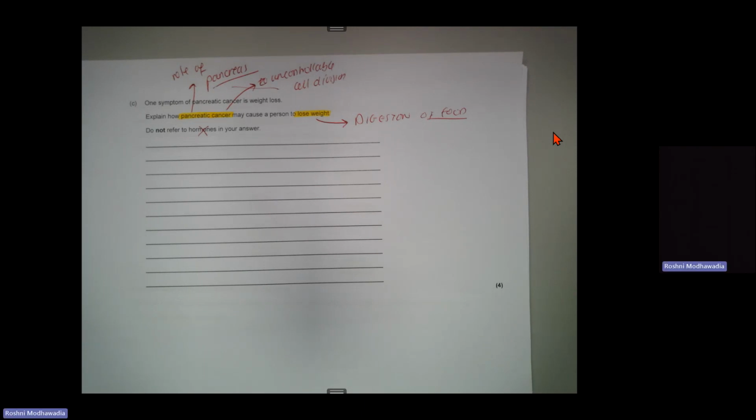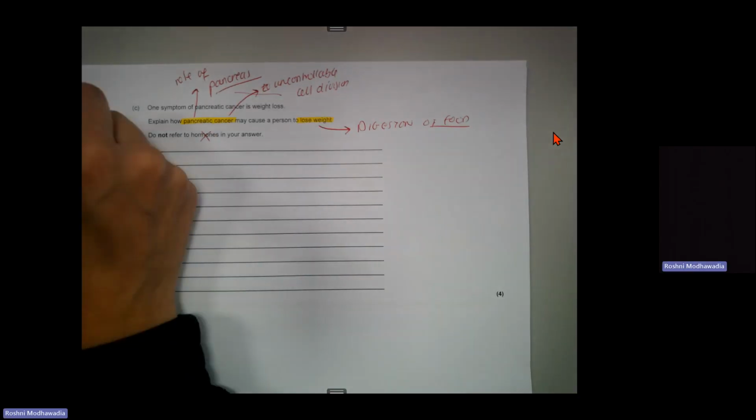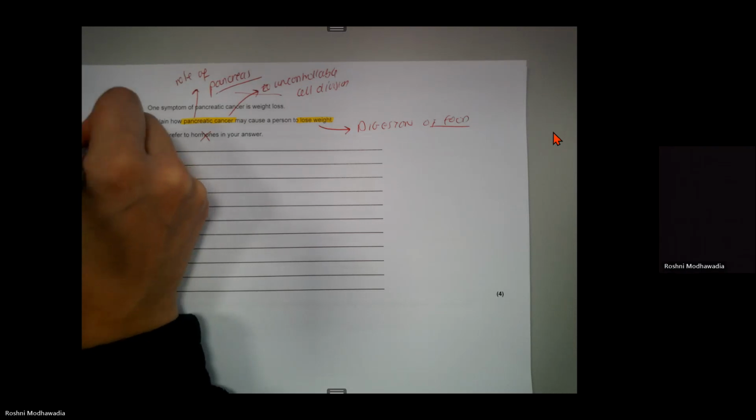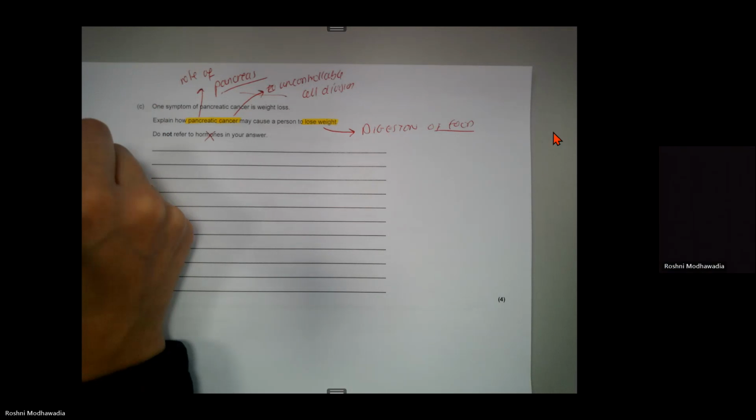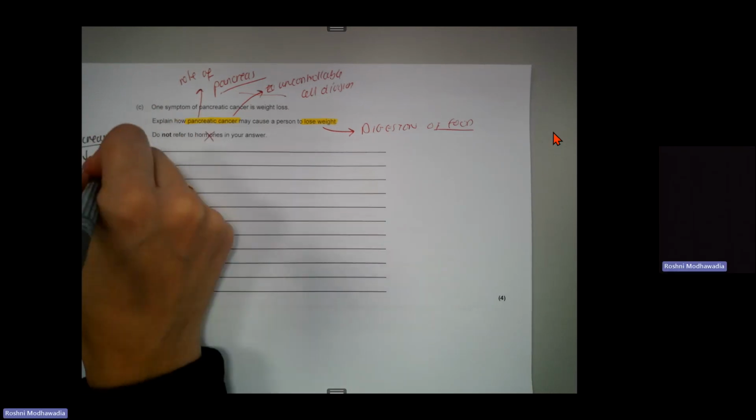So first, if we start by doing a plan, and we start talking about the pancreas, we know that the pancreas is an organ which will produce digestive juices.